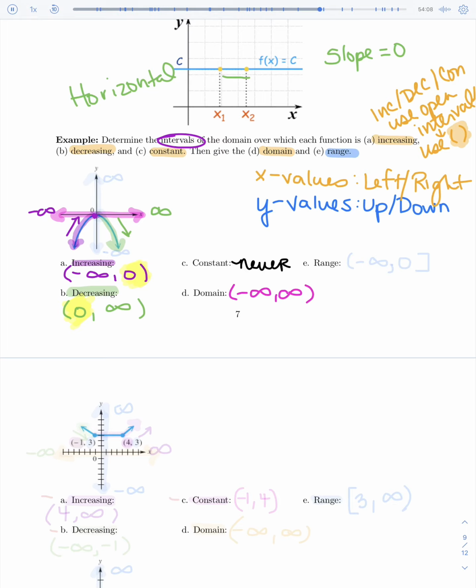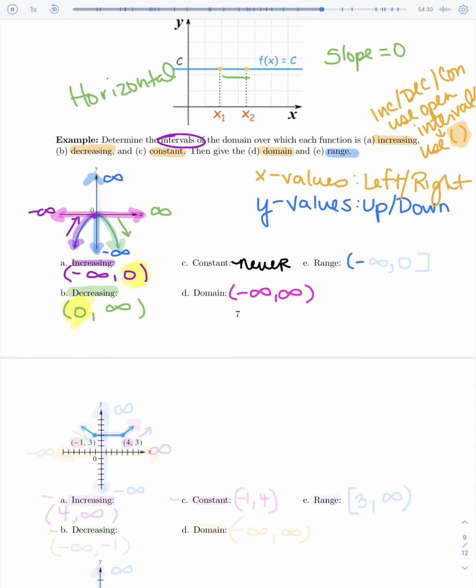And let's see about my range. My range has me reading my graph from bottom to top, working my way from negative infinity towards positive infinity. And what we notice is my graph does start at negative infinity, but stops in the middle at 0.